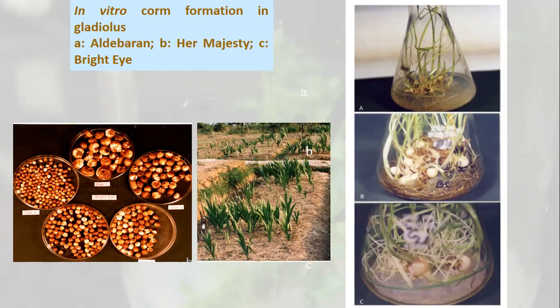So in vitro production of corms, tubers, potato tubers, bulbs of lily, rhizome of ginger can be achieved. And if we achieve this, then we don't need to acclimatize or root the plants.